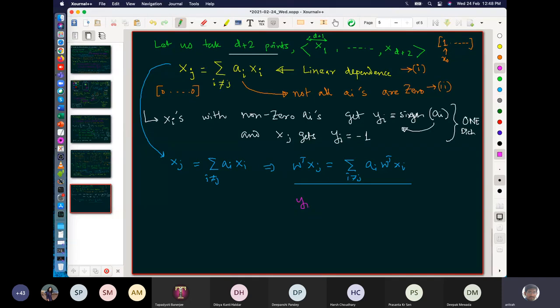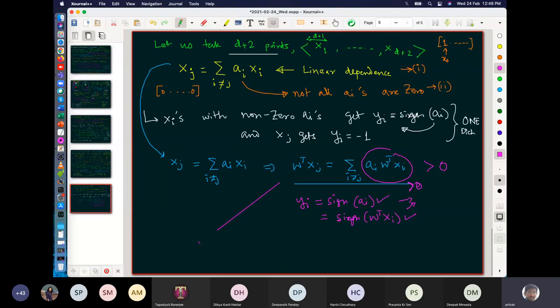My dichotomy suggested my yi should be equal to sign of ai. Perceptron says the yi is equal to sign of w transpose xi. Therefore, sign of this and sign of this should match, which means this product should be greater than 0. If these two signs match, this should be greater than 0. Yes or no? Yes, sir. This forces the sum to be greater than 0.